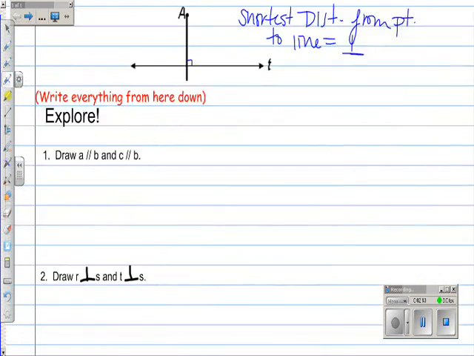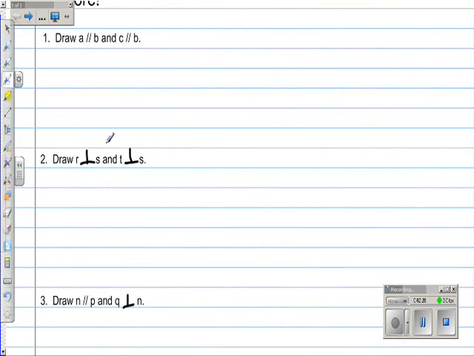The first thing we want to talk about is you should have already written down your theorems in your theorems list, and the perpendicular bisector theorem has the definition of a perpendicular bisector, which says a line is perpendicular to a segment at its midpoint.